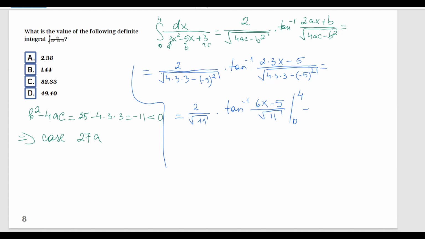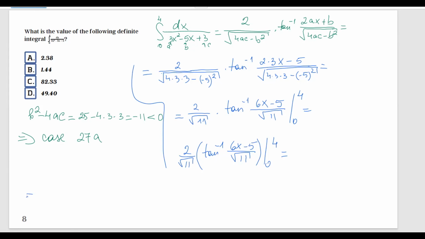Okay. So now what we can do, since 2 over the square root of 11 is a constant, we're going to take it in front, and we're going to do tangent minus 1 of 6x minus 5 over the square root of 11 from 0 to 4. And we're going to get to, let me write it down in the next row. It's just better.